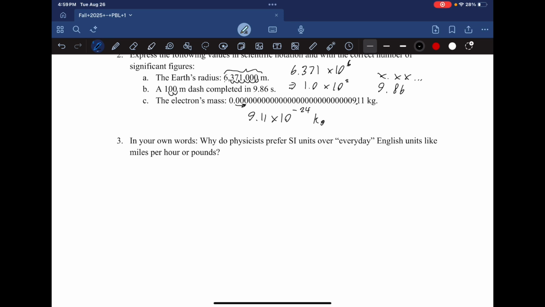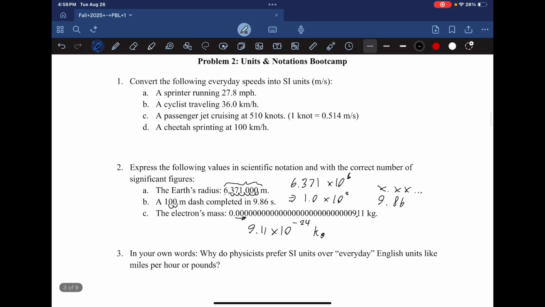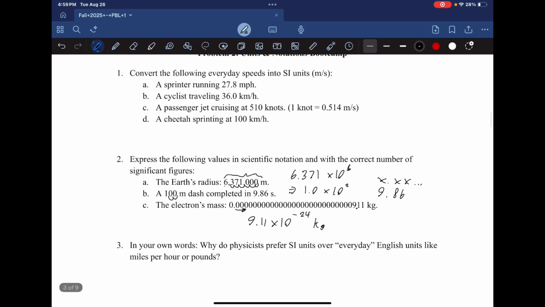It's also, if you get to higher and higher level physics, everything is in SI units. And so a lot of the equations will only actually work if you use SI units. If you try to not use SI units, like more everyday English units, you can encounter a lot of problems. So it's very important in physics to get good at your unit conversions.